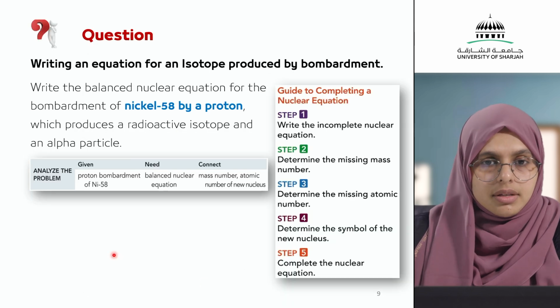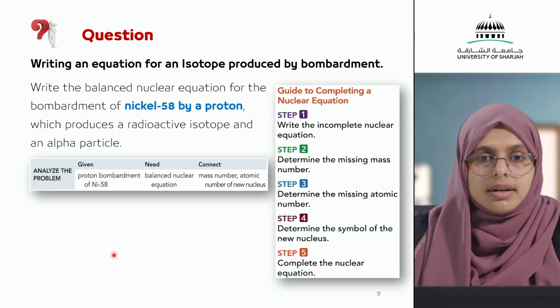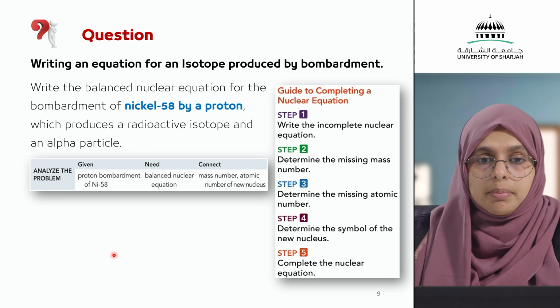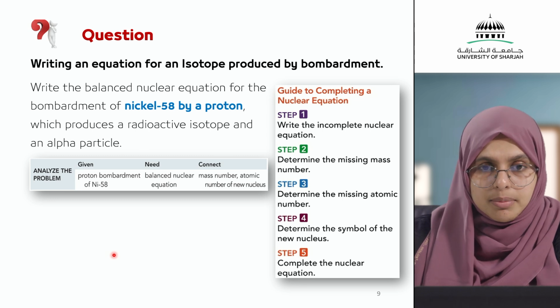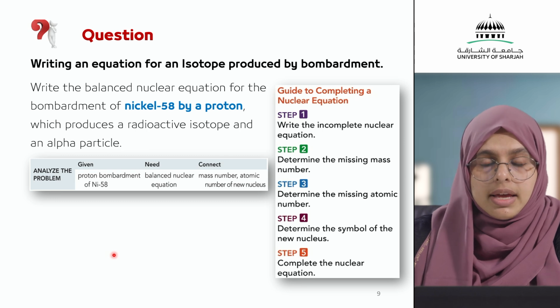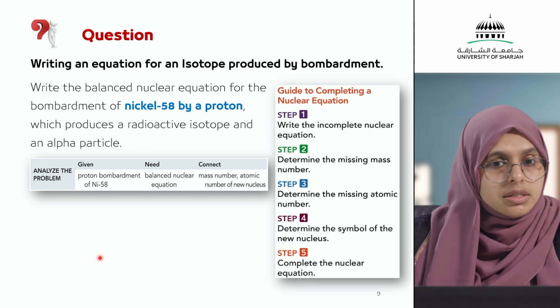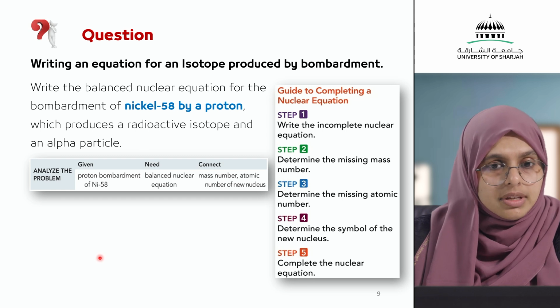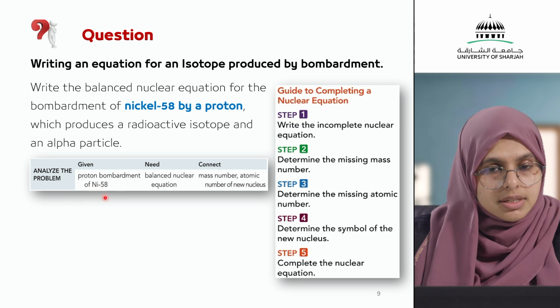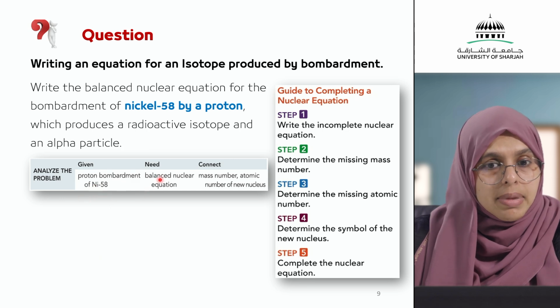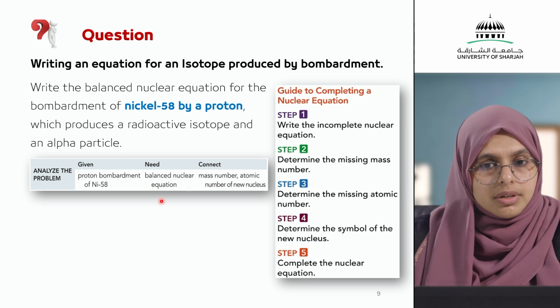Now let's try to answer this question. Write the balanced nuclear equation for the bombardment of nickel-58 by a proton, which produces a radioactive isotope and an alpha particle. First, we need to analyze the problem. What is given is proton bombardment of nickel-58, and we need a balanced nuclear equation.